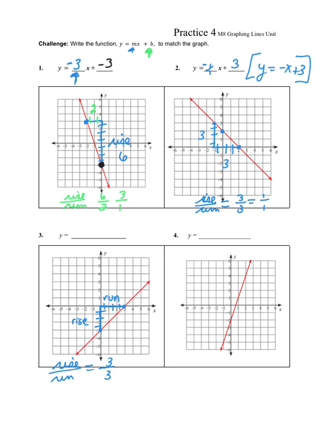The run is 3. That reduces to 1 over 1. We're in the same situation as we were with example 2. So we can just put this as 1 over 1x, or 1x. And then we want to examine where it hits, and it's right here, negative 3, where it hits the y-axis.